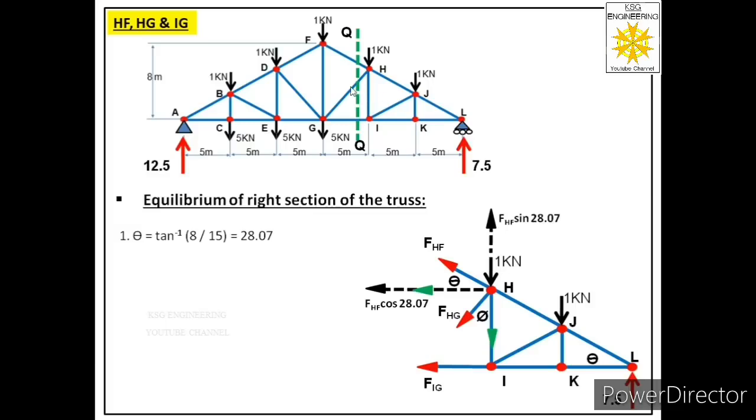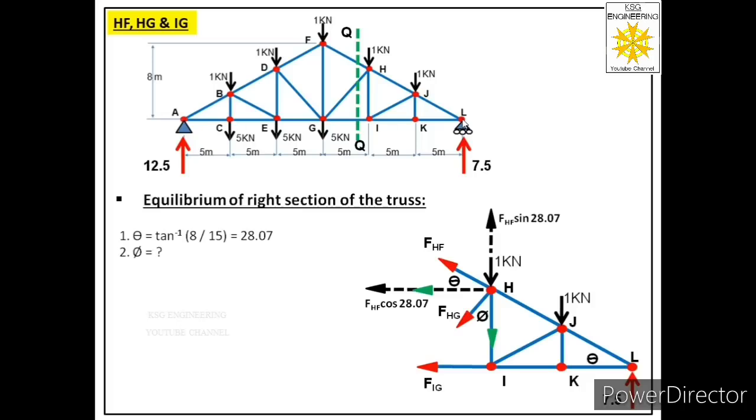So how we can find HI? Now let us consider these two triangles: FGL, this bigger triangle FGL, and this smaller triangle LHI. These two triangles FGL and HIL are similar triangles. So it means now we can say perpendicular upon base of the bigger triangle will be equal to perpendicular upon base of the smaller triangle.